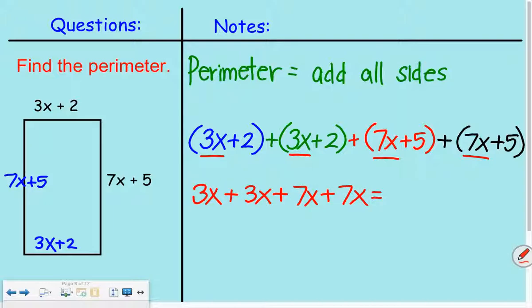So 3 plus 3 is 9. 9 plus 7 is 16. And then 16 plus 7 is 23.